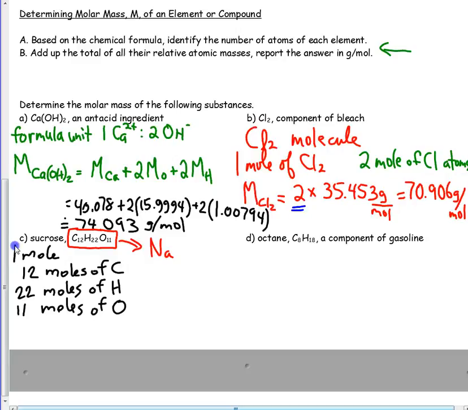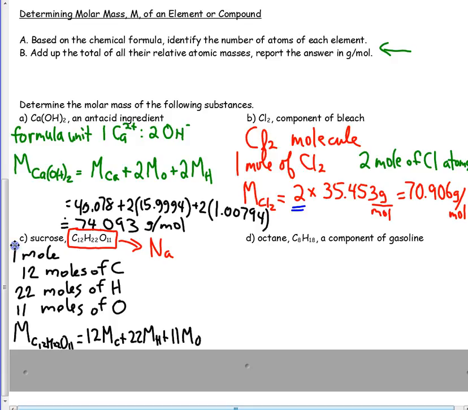The molar mass of the compound C12H22O11 just simply becomes, again, probably the easiest way to introduce it at first, 12 times the molar mass of carbon, 22 times the molar mass of hydrogen, and 11 times the molar mass of oxygen.